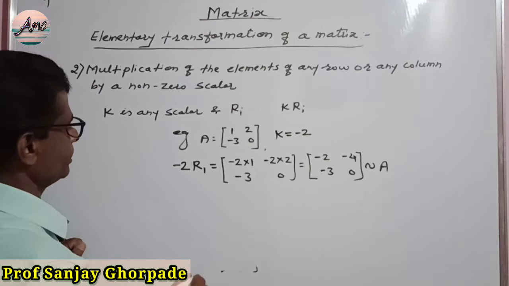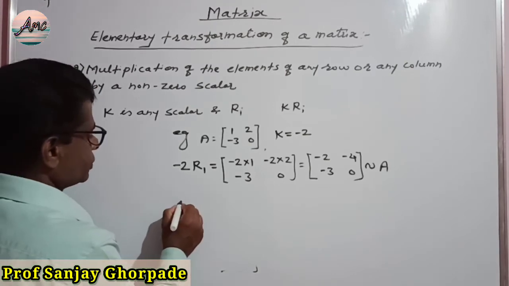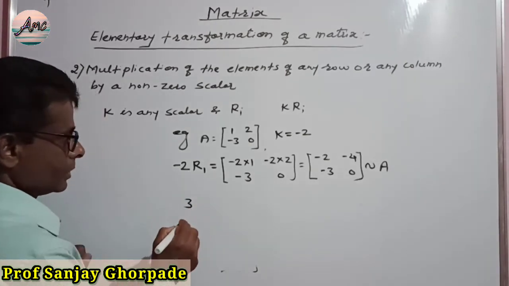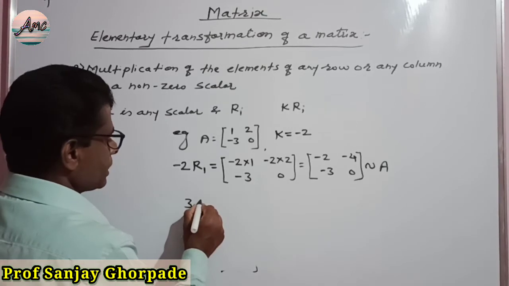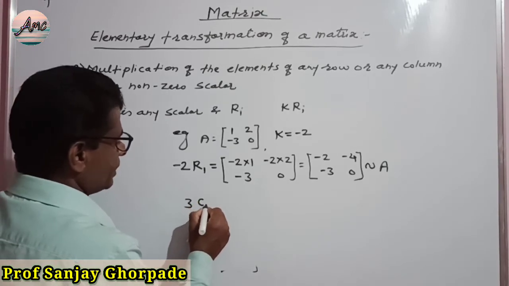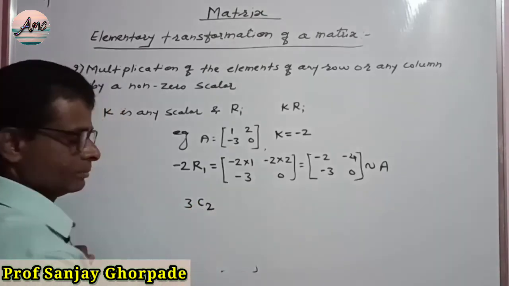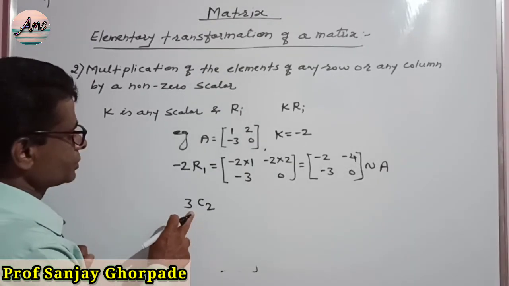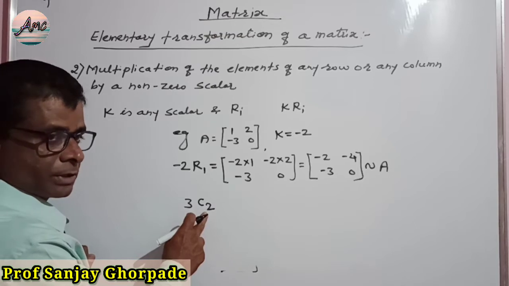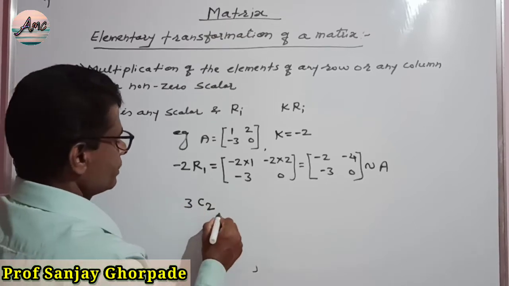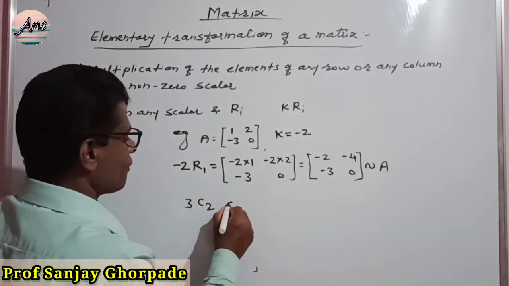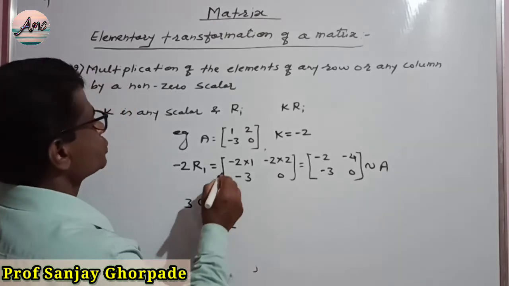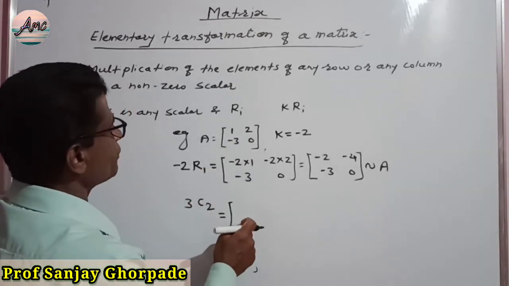Say for example, if I multiply 3 to each element of the second column. Multiply the constant 3 to each element of the second column. Then the new matrix so formed is, there is no change in the first column.